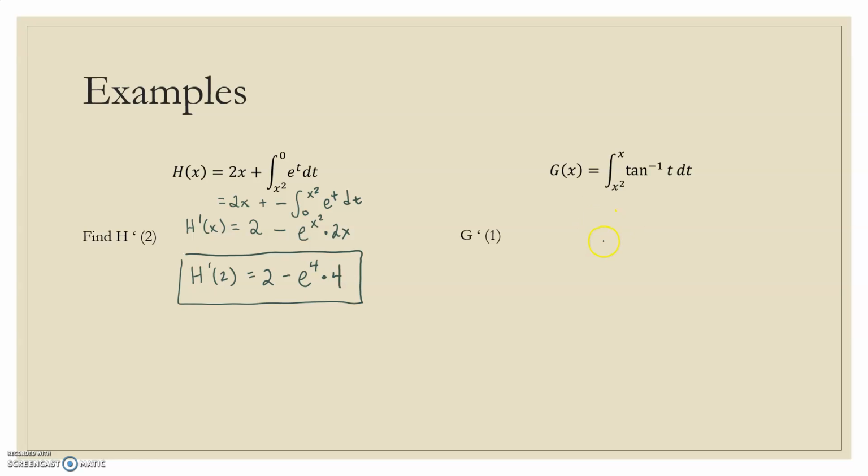And then G, we have variables in both limits of integration, so we're going to have to rewrite G so that we have numbers on one of them. So I'm going to say, well, this is the same thing as going from x squared to 0 plus from 0 to x.